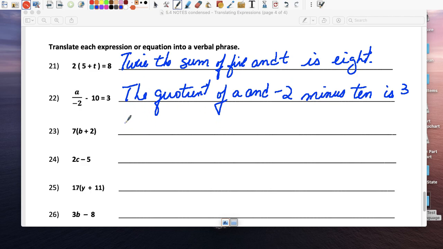Another one, 7 times. 7 times, forget the little multiplication, right? 7 times the sum of b and 2.